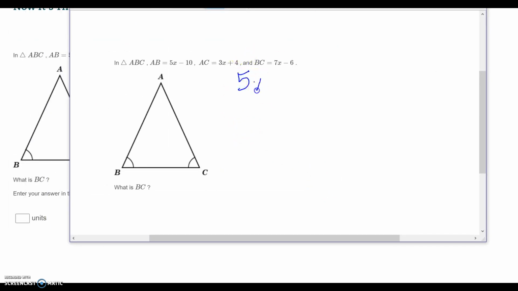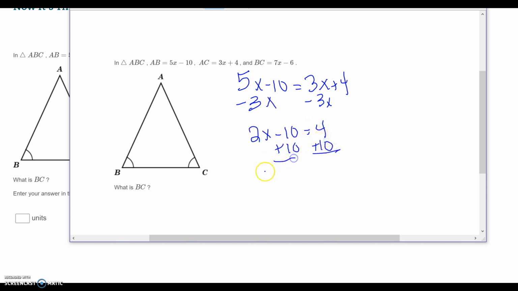So we have 5x minus 10 equals 3x plus 4. Subtract 3x on both sides. You get 2x minus 10 equals 4. Add 10 to both sides. 2x equals 14. x equals 7.